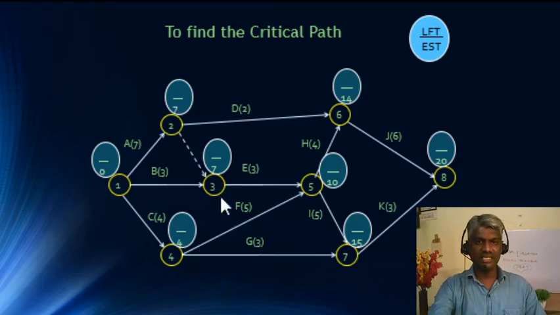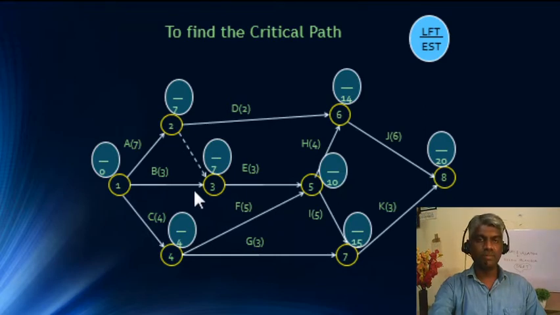And the next is 3. In the third node, there are two arrows, two activities ending in this particular node. One is through this dummy, the activity A is ending. So 7, because the dummy has no time duration. The time duration of the dummy is 0. So 7 plus 0 is 7. And 3.